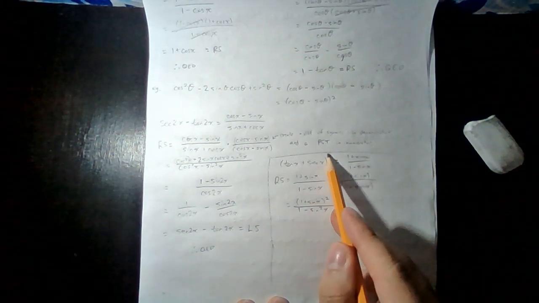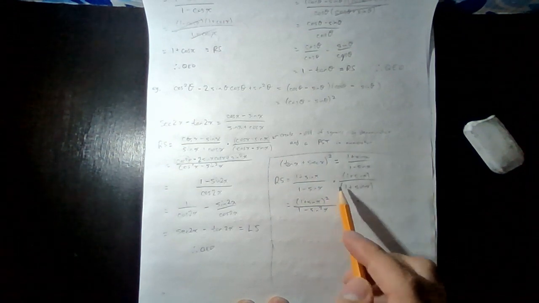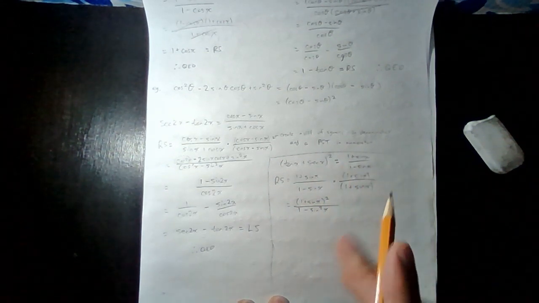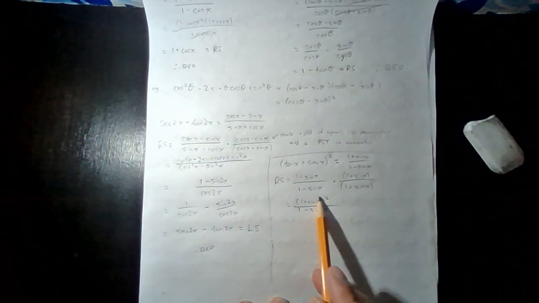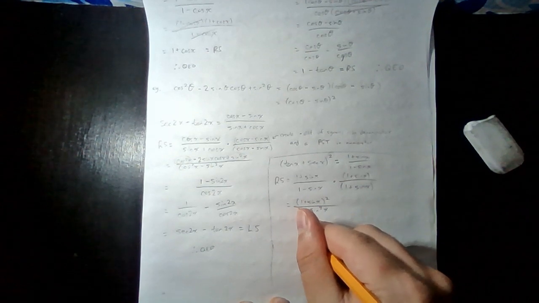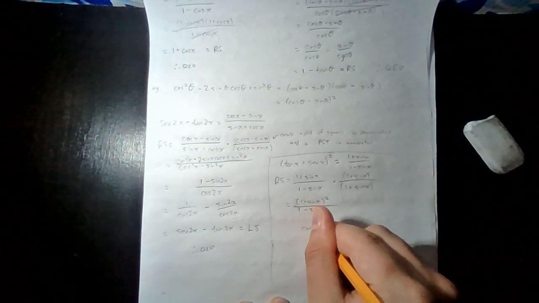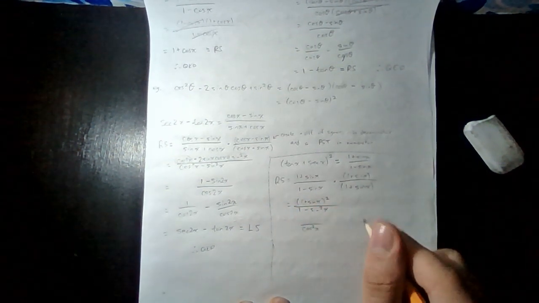1 minus sine squared x. We know we need everything to be squared in the end. So that's a hint that the top's already squared. We need the bottom to be squared as well. So 1 minus sine squared x, that's the same as cos squared x, or cos x all squared.